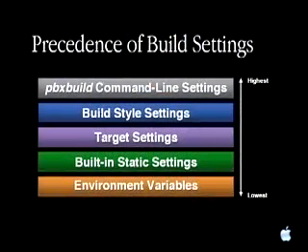Anything you pass on the command line to your invocation will override anything else. Anything that's not defined there, the build system looks for in the build style that's in effect. And if it's not there, it goes on to the target settings, et cetera. So by using this precedence, you can set up some really interesting configurations that let you just switch the build style and get very interesting behavior changes.